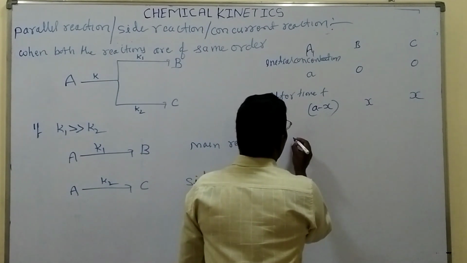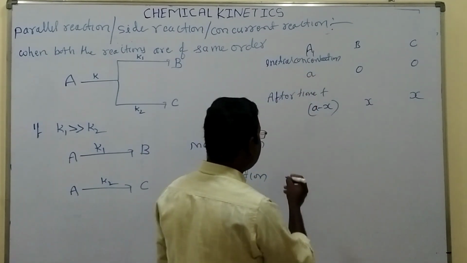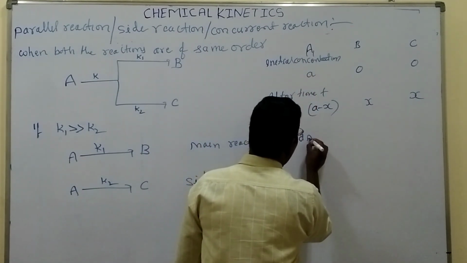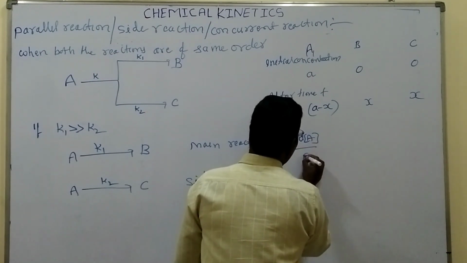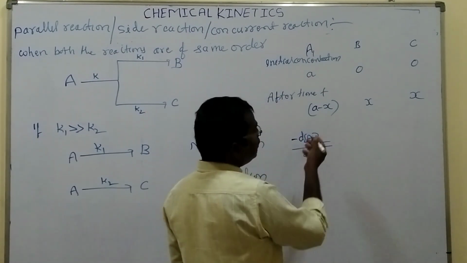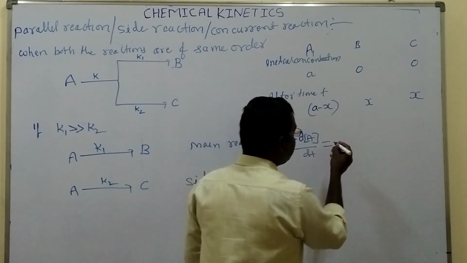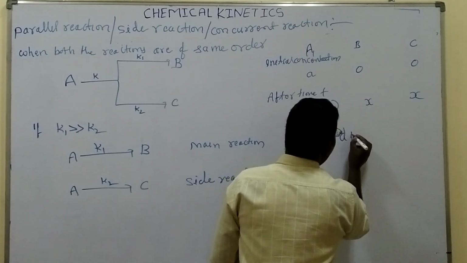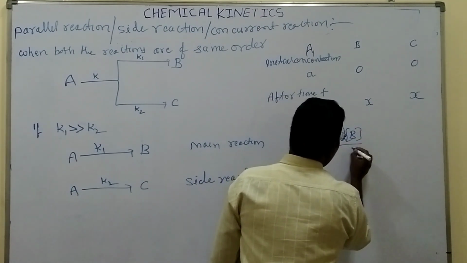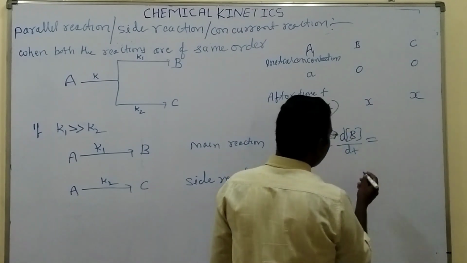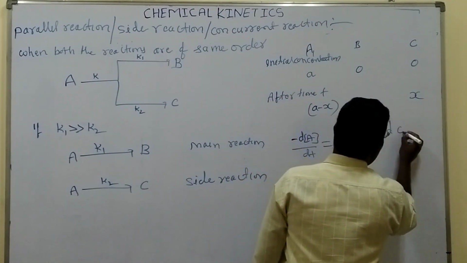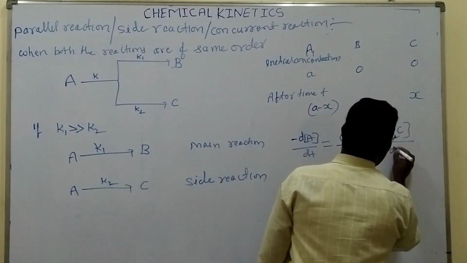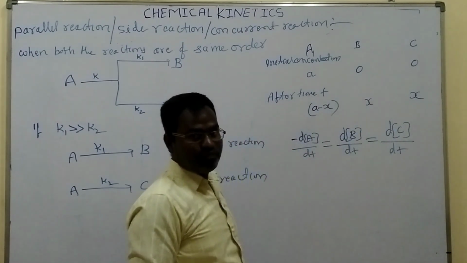Now we should take the rate of dissociation of A. The rate of dissociation of A is written as minus dA by dt, which is equal to the rate of formation of B, dB by dt, which is equal to dC by dt.